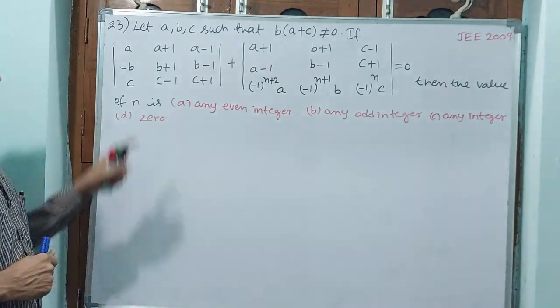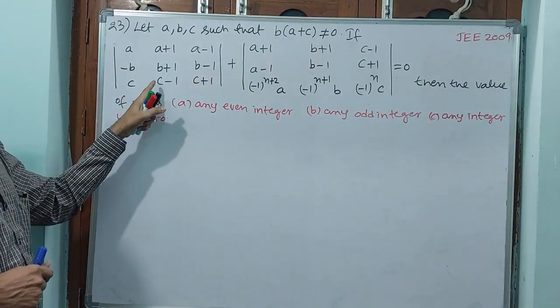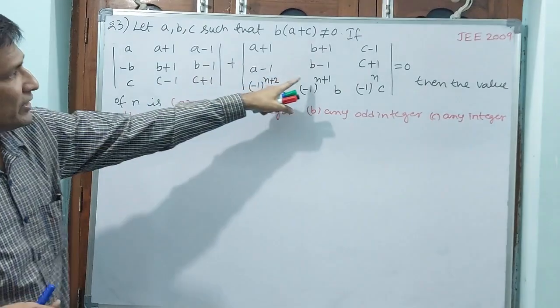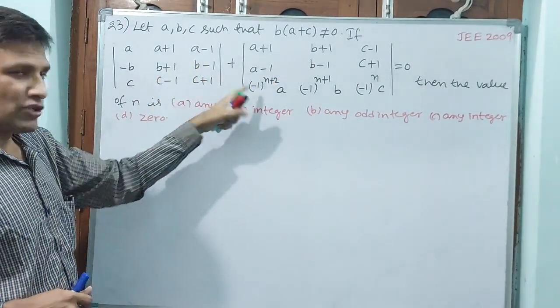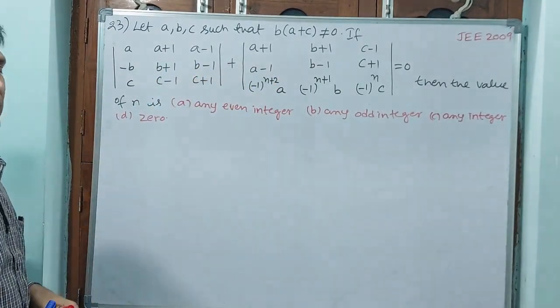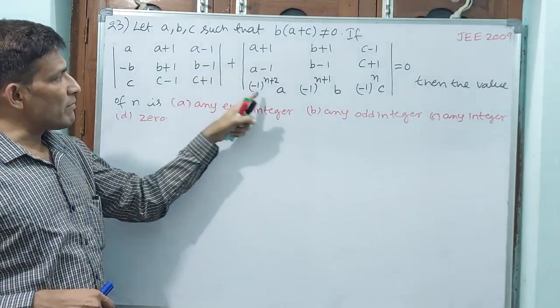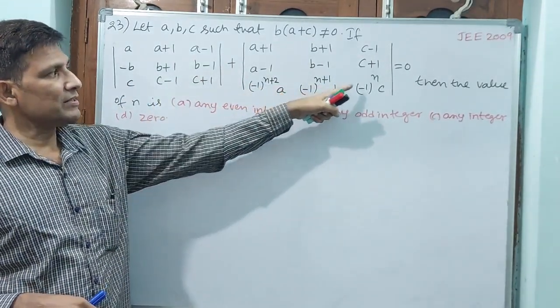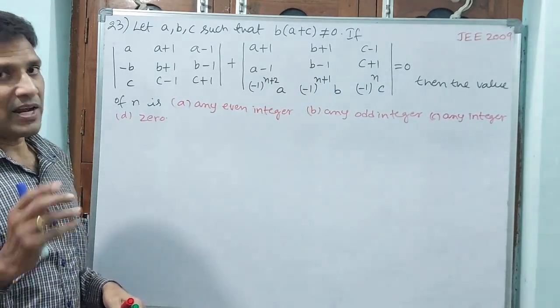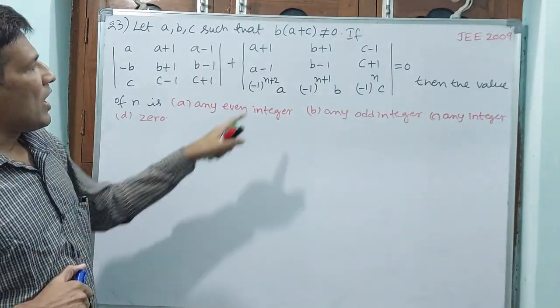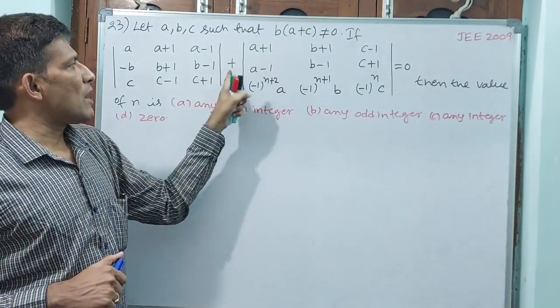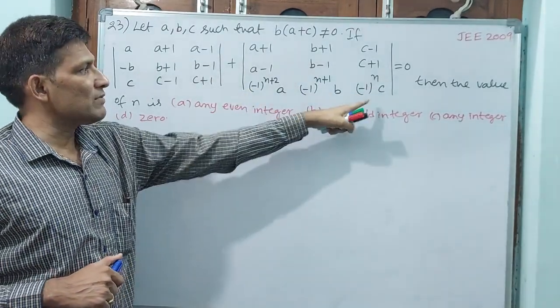What I am doing, you see, first you don't change anything in this first determinant. According to this determinant, you change the other and take common. Okay. See, for doing this determinant like this determinant, minus 1 power n plus 1, n plus 1, n, this is extra there. What we will do, I will take minus 1 power n as common. Why? Because when you are going to take common, the least one you have to take common.